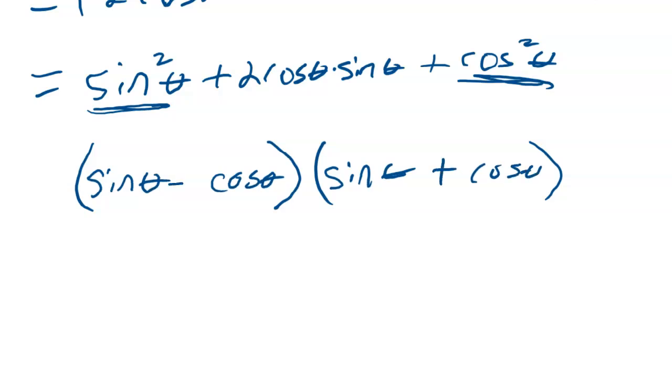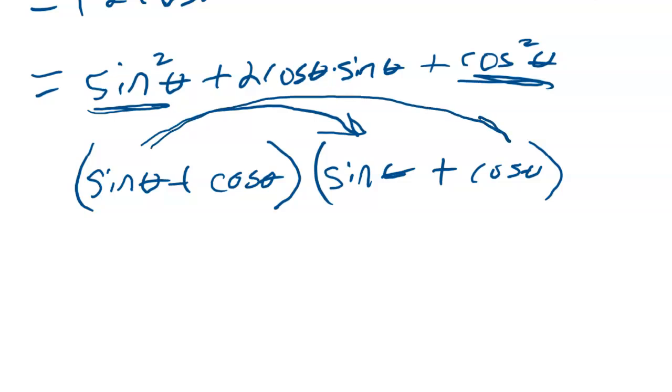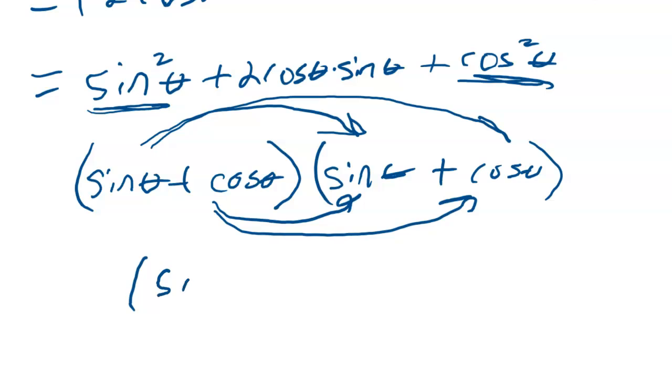And we're adding these two together. When you FOIL these things out, you'll see it does work. The outside is cosine times sine, and the inside is cosine times sine, and you have 2 of them. It does work. So therefore, this turns into sine theta plus cosine theta squared.